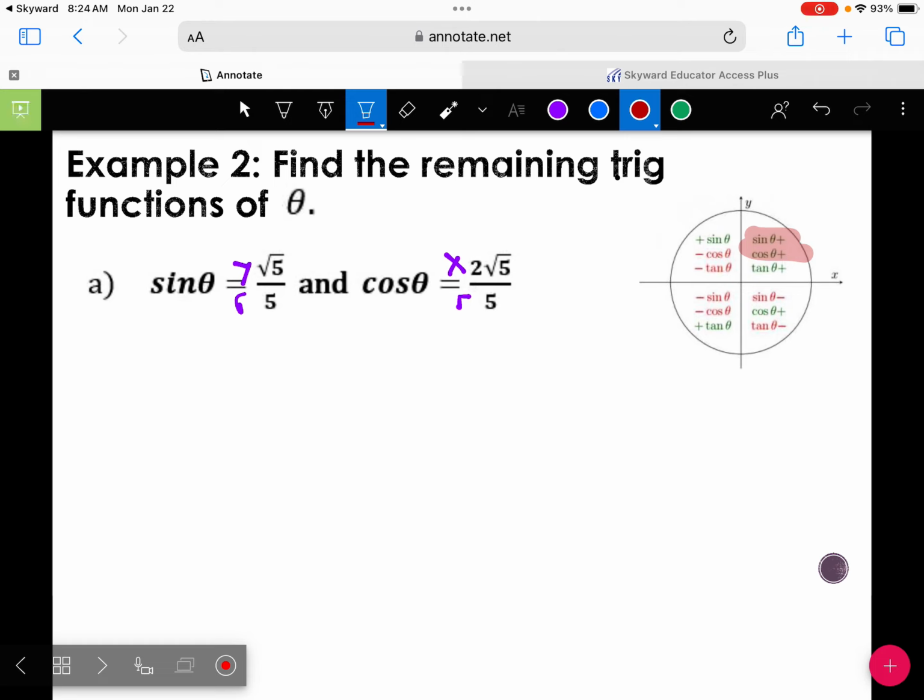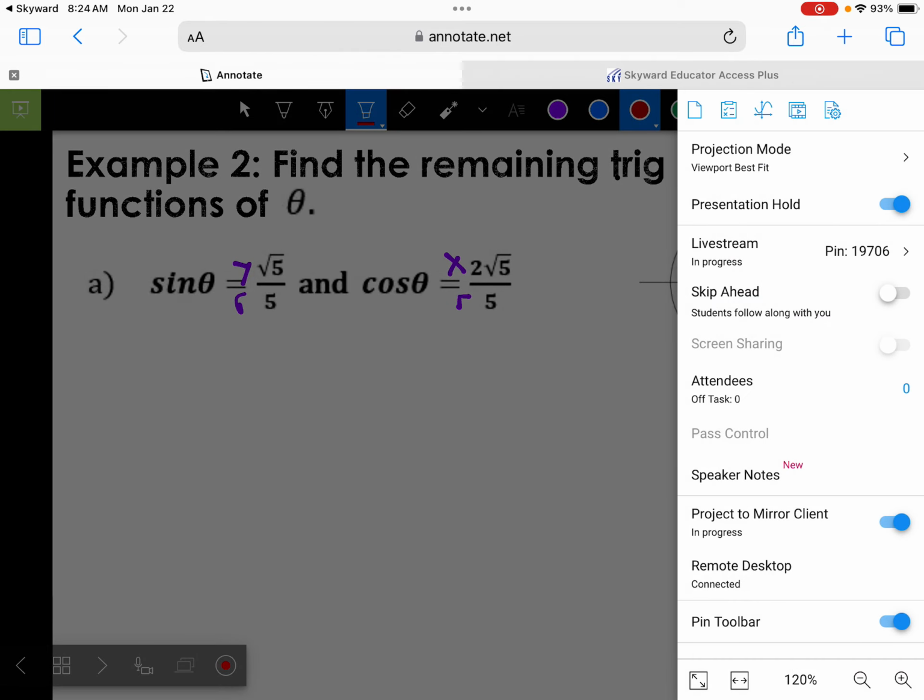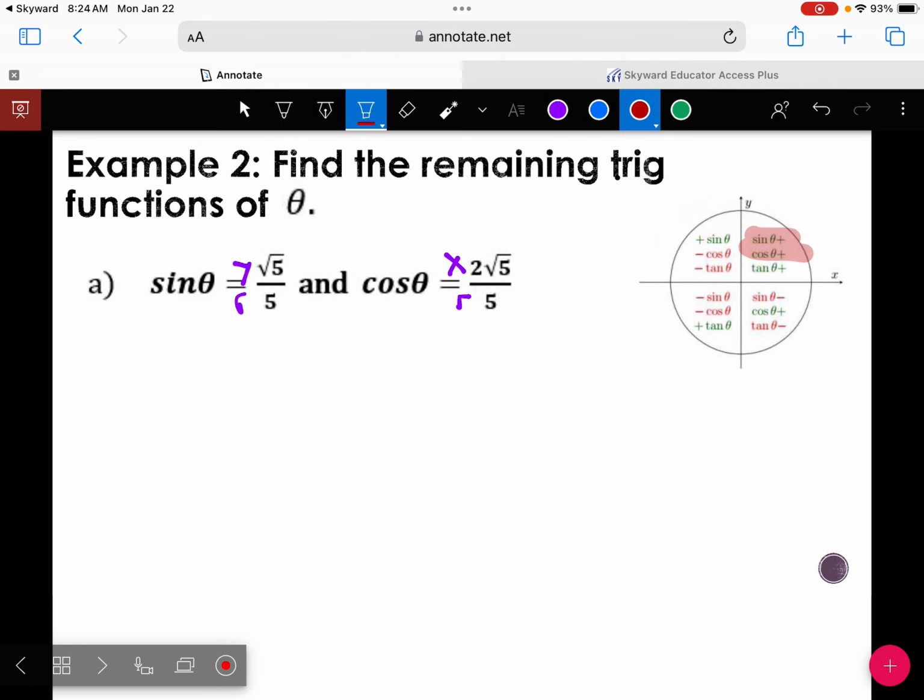Alrighty, show me on your fingers what quadrant we have to be in with a positive sine and a positive cosine. Good, I'm seeing all ones, great. Exactly right. Positive sine, positive cosine, that only happens in quadrant 1. And then off of that, looking at this question, there are 2 pieces of information it gives us. It gives us the ratio for sine and the ratio for cosine.